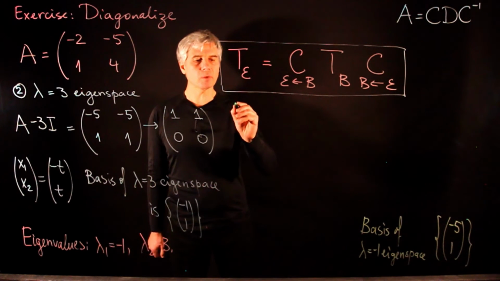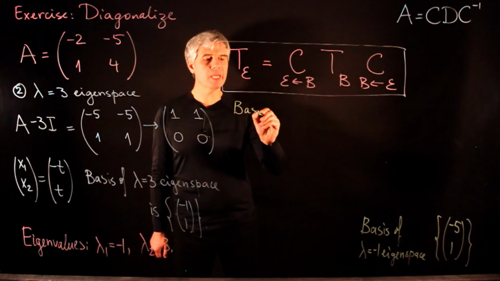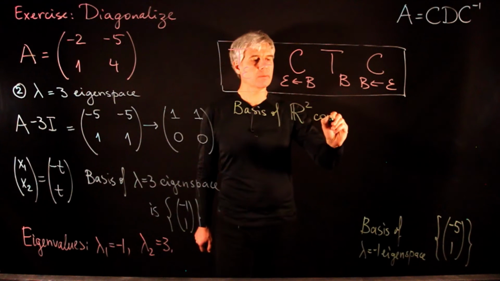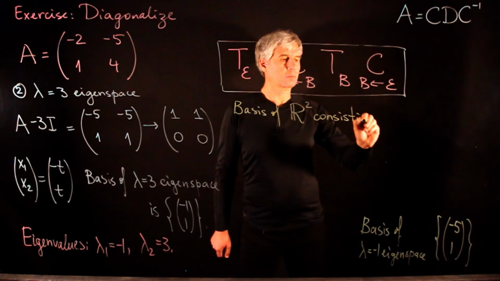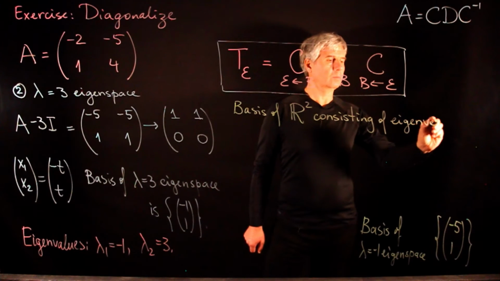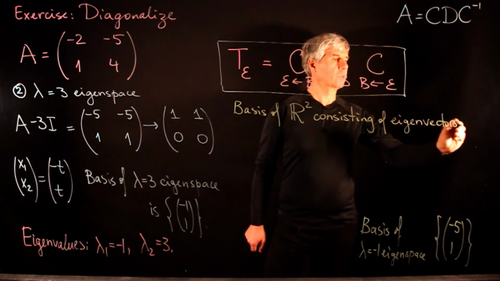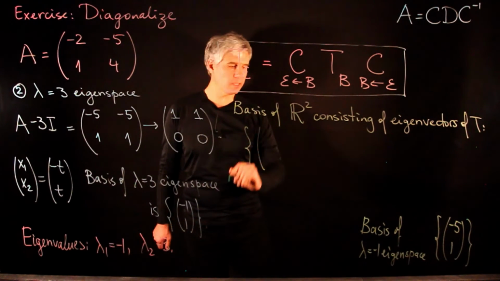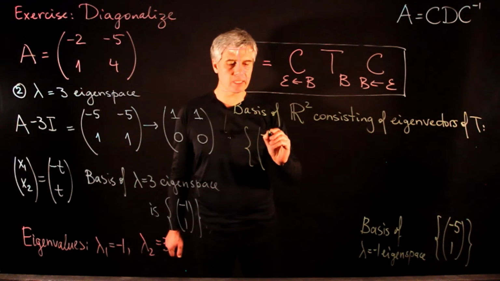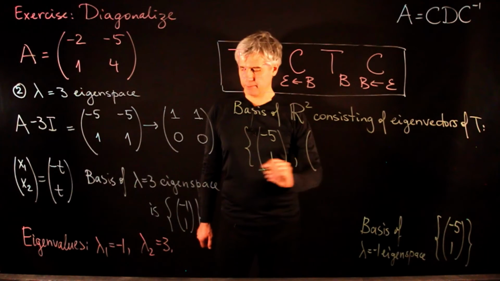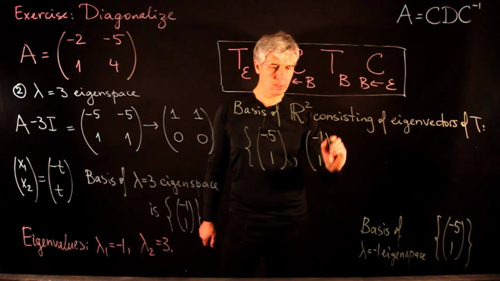Now we put everything together. So we write down what's the basis of R2 consisting of eigenvectors of T. So here we put these two eigenvectors together. So we have minus 5, 1, and we have minus 1, 1.